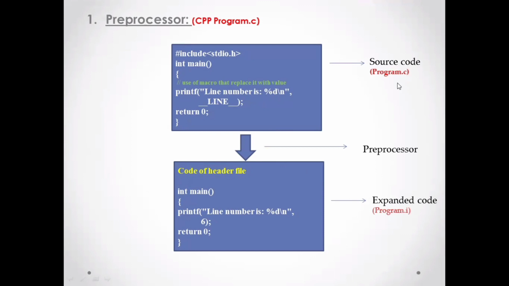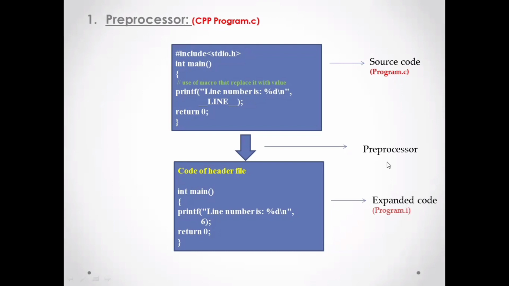What is source code? The text or instructions written in any programming language are called the source code. Here in the first box, this C program is the source code that is going to be converted into the expanded code with the help of the preprocessor.